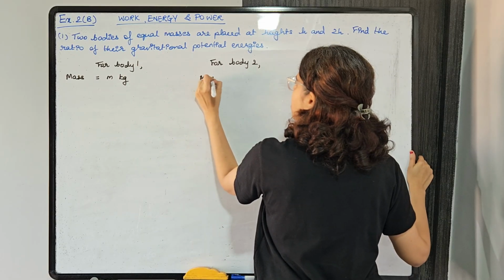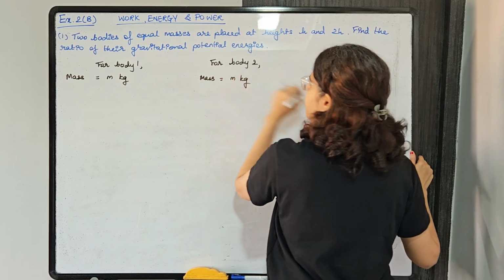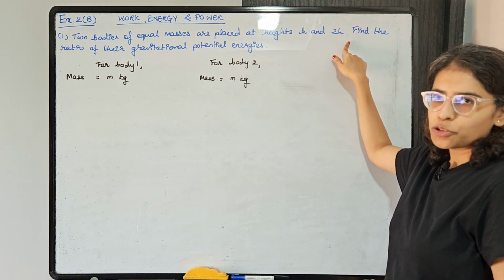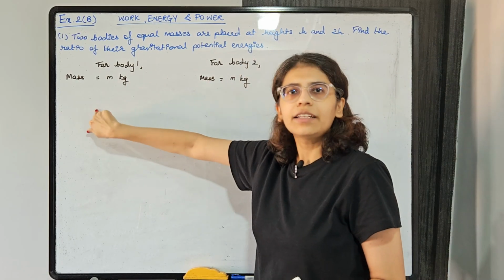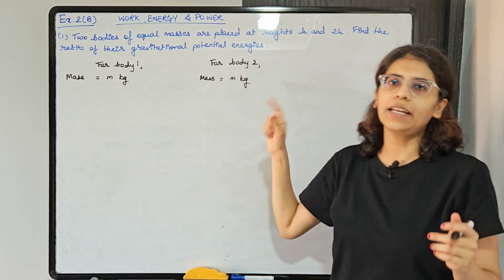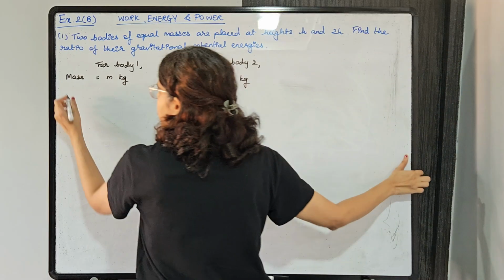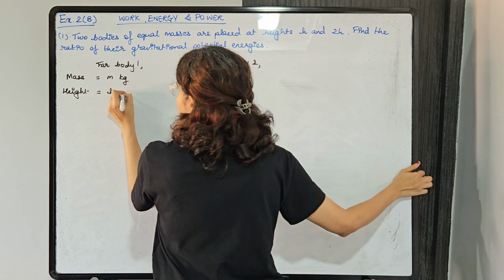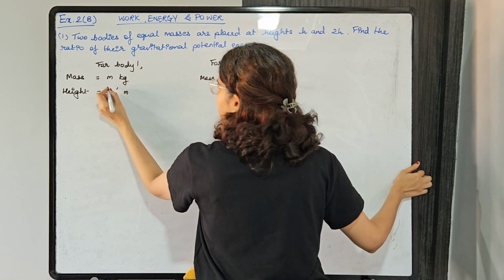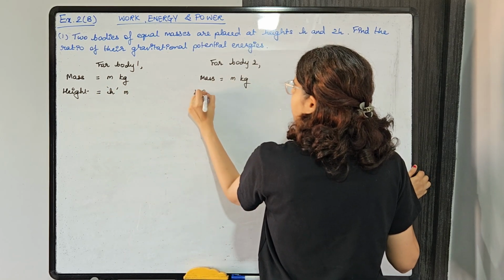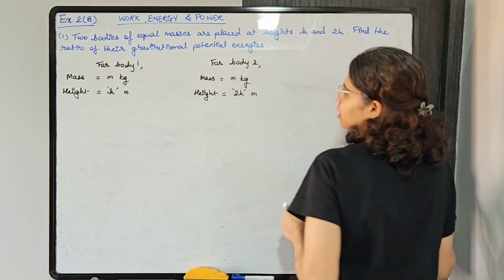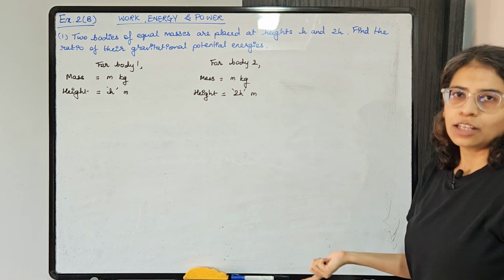Here also mass will be m kg. They are placed at heights h and 2h. So for the first body height will be h, for the second body height 2h. So height is h meter, and here height is 2h meter. All right, g is constant.